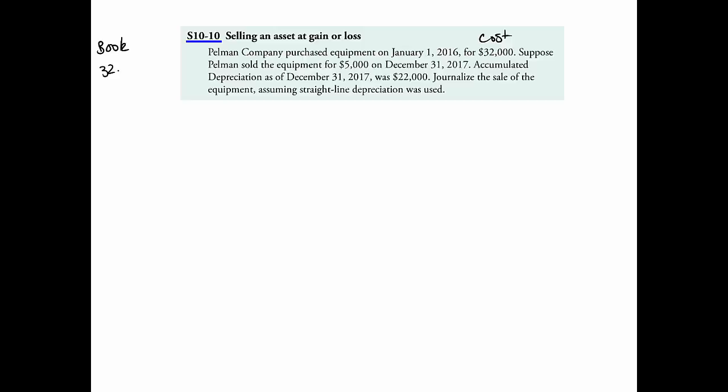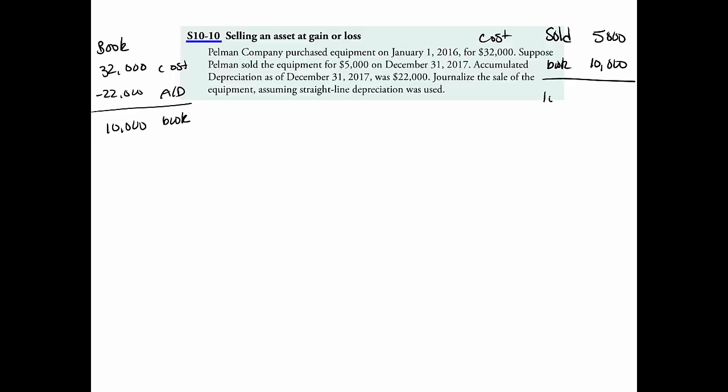That would be the $32,000 cost minus $22,000 in accumulated depreciation, which gives me a book value of $10,000. I sold it, and sometimes in the book they call that the current market value, for $5,000, and the current book value is $10,000, so I have a loss of $5,000.